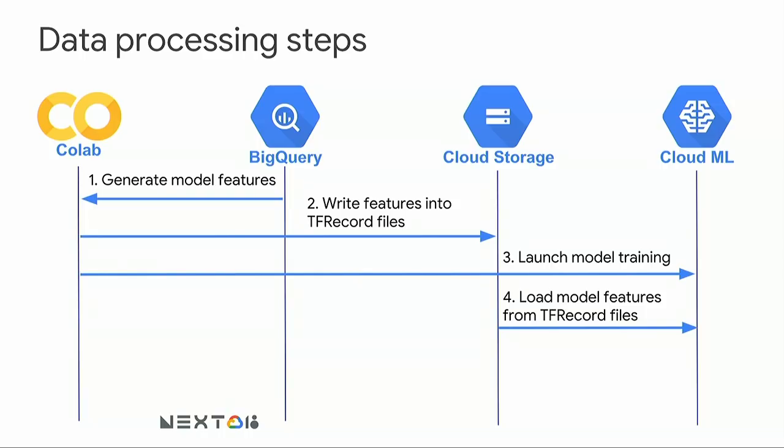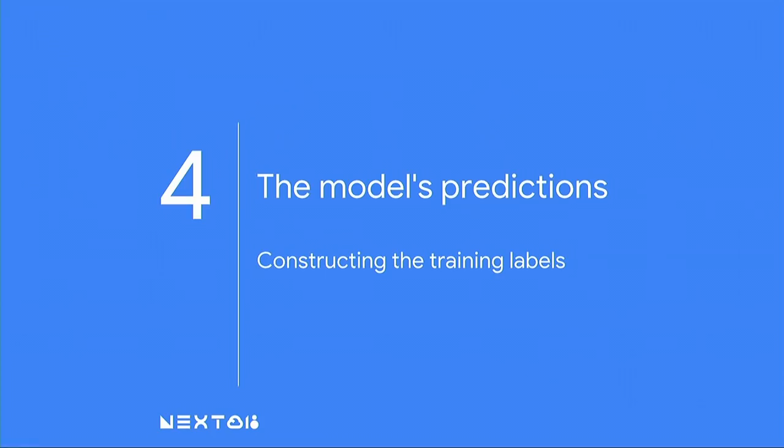When the training job starts, the workers will be loading model features from TensorFlow record files that have been previously written into Google Cloud Storage. And periodically, the worker jobs will be saving model state checkpoints as well as training and evaluation statistics in a bucket in cloud storage. So that's the pipeline.